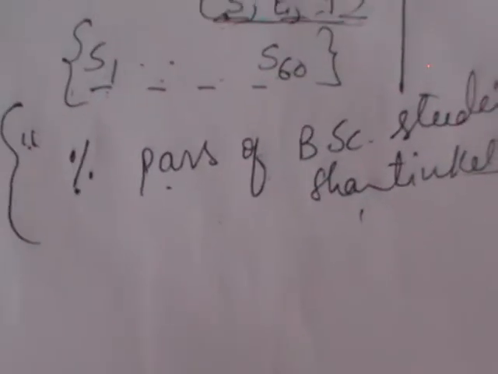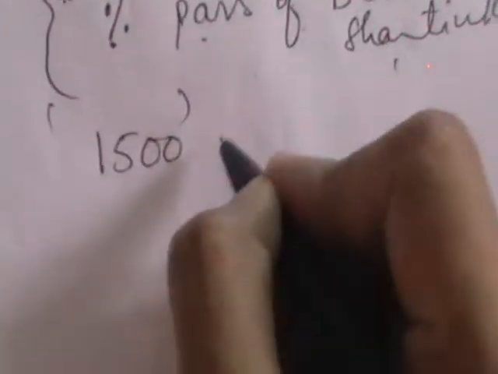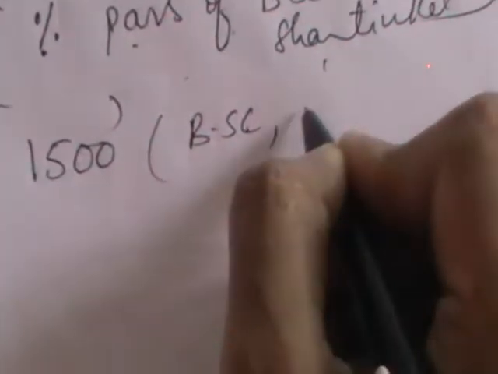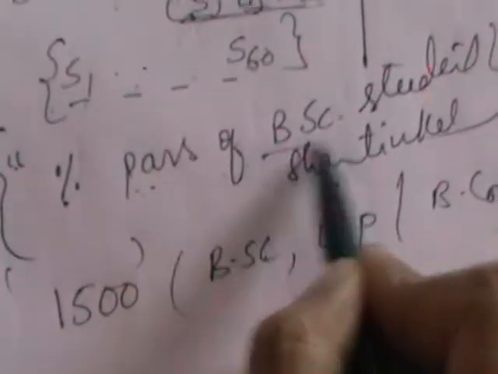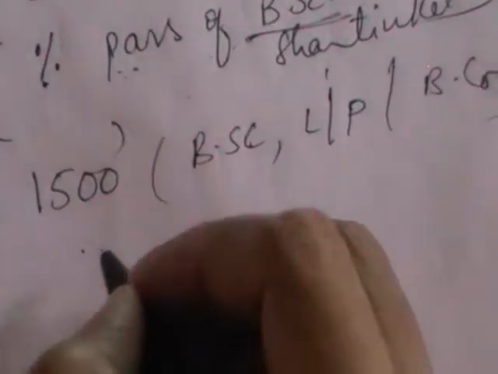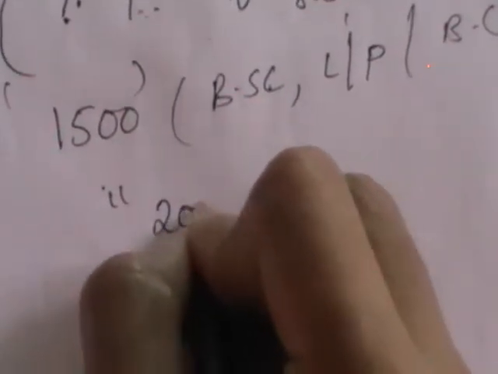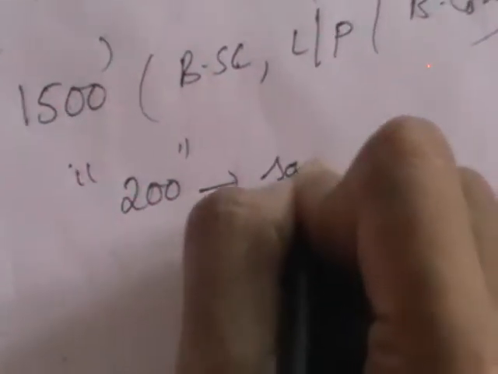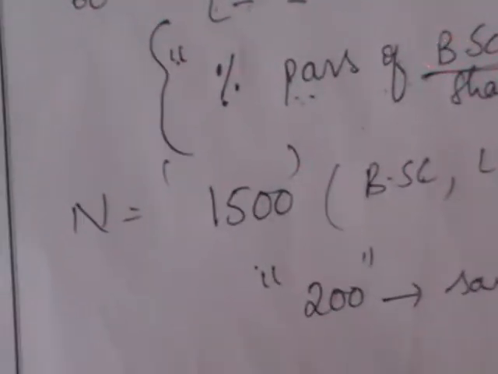If I consider the entire students of Shantiniketan college as the population, let us say the overall strength is 1500 altogether, including BSc life sciences, physical sciences and BCom. If I want to know the average pass percentage of only BSc students, suppose I collect a sample of 200 from it, with population size 1500.